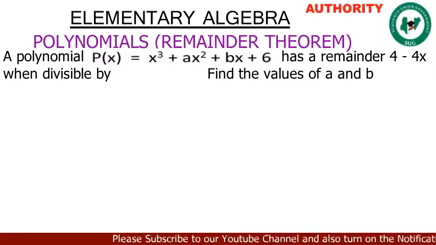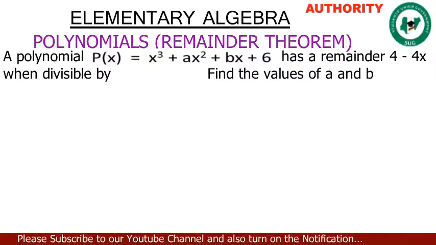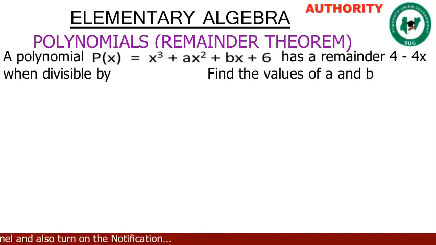A polynomial p of x, which is equal to x cubed plus ax squared plus bx plus 6, has a remainder 4 minus 4x when divided by x squared minus 3x plus 2.